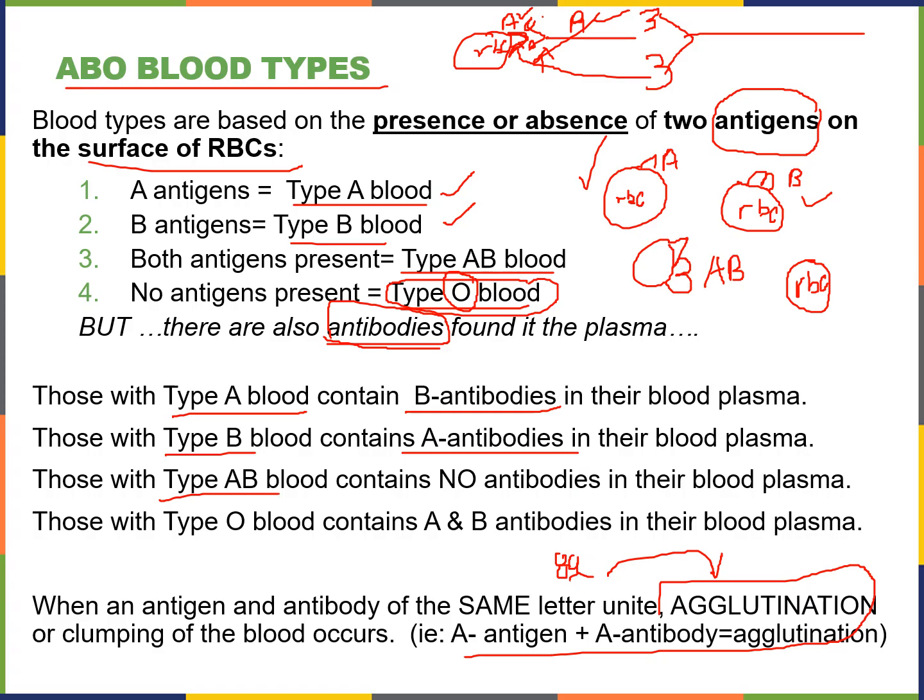If you have both the A and the B antigen here on the surface of your red cells, you cannot have either the A antibody or the B antibody in your plasma. So you have neither one. And if you're type O, well, you don't have any antigens on the surface of your red blood cells, so it's okay to have both antibodies in the plasma.